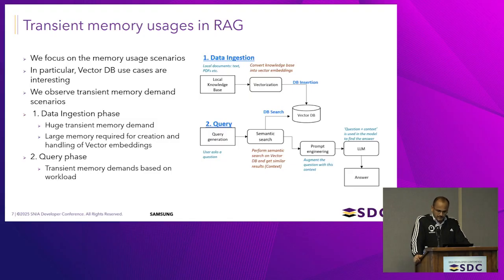The first one is in the ingestion phase, where the processing of local knowledge takes place. Huge memory is required for the creation and parsing of vector embeddings in this stage. The second part which we are interested in is the query phase, where the vector DB engine is subject to queries. Depending upon the workload and the rate of queries, that might also face some transient memory demands.